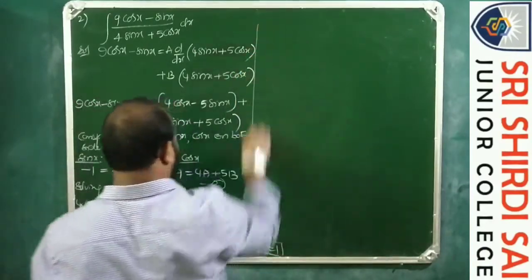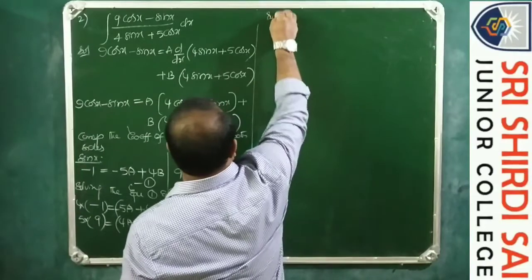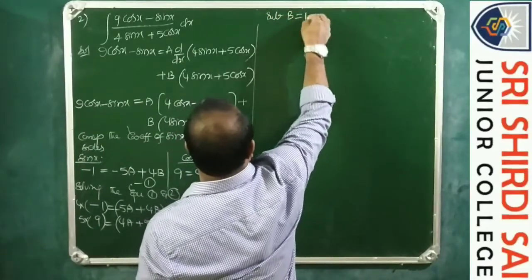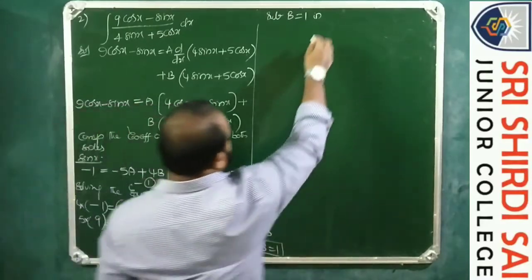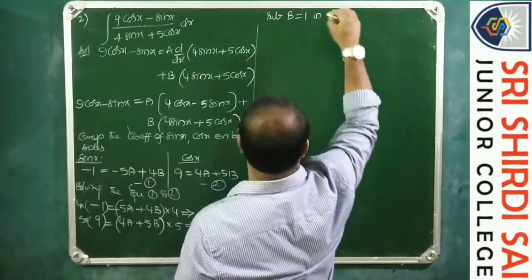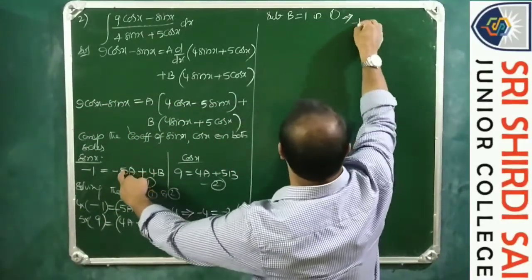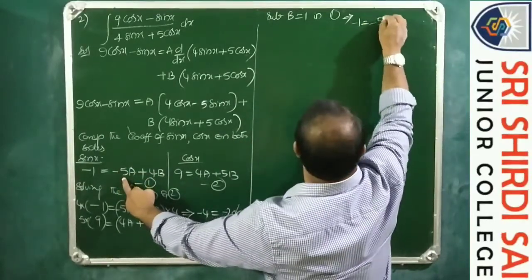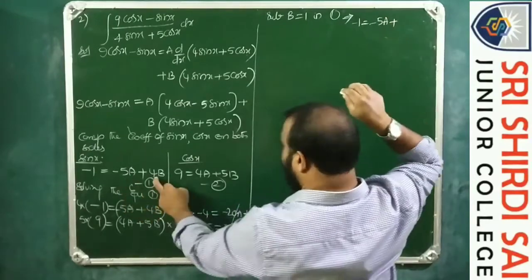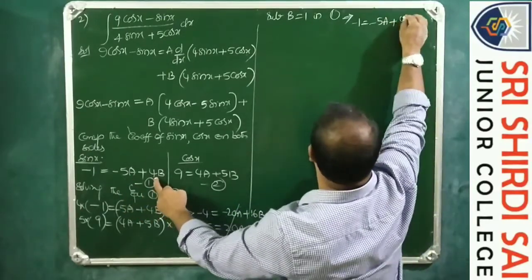Now substitute b equals to 1 in any one of these equations. So first equation, then we will get minus 1 is equals to minus 5 into a plus 4 into 1, 4.